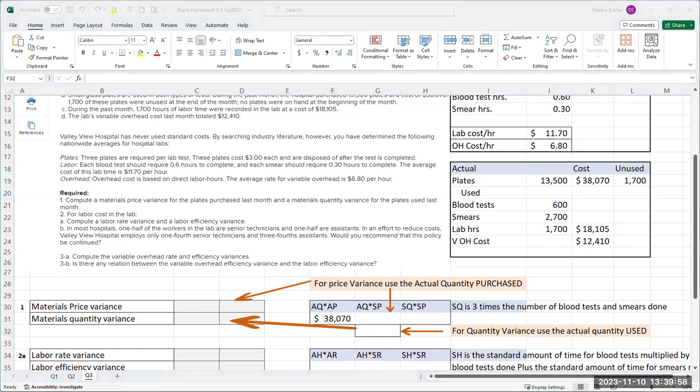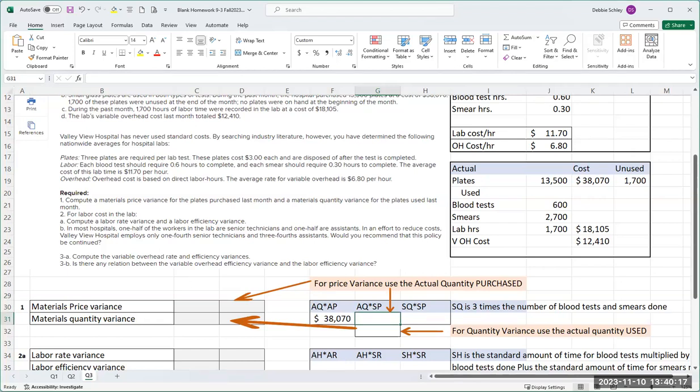Now for the price variance, which is 1A, right? Or the first one, I guess there's not letters here. I'm going to use the actual quantity purchased.